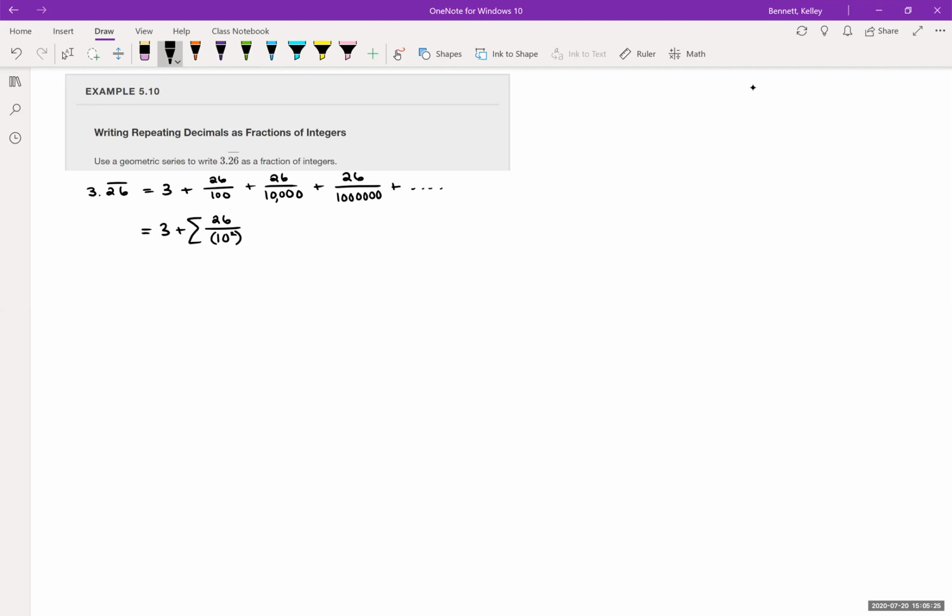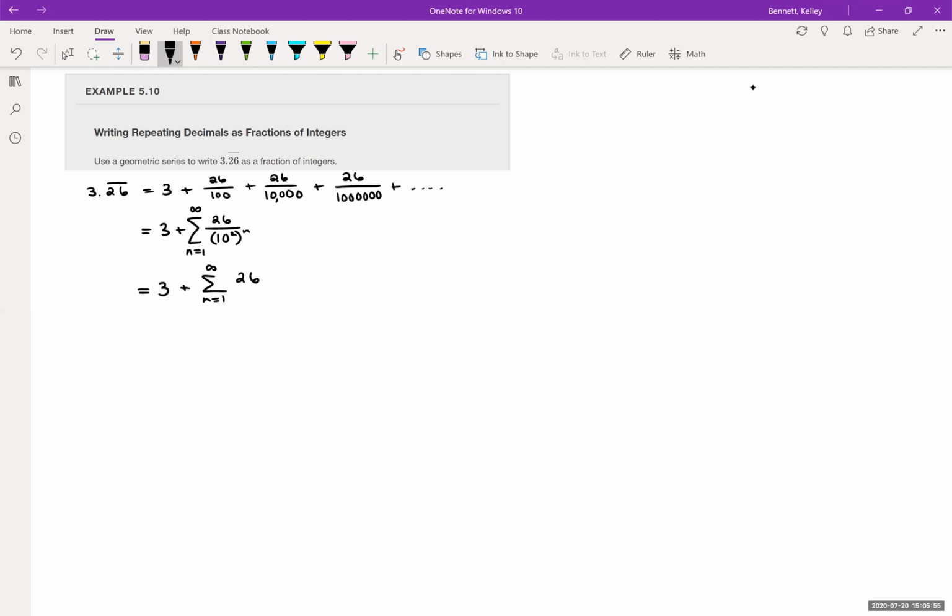right? But now this is a sum to the n, right? So 100 and then times 100 times 100, then 100 times 100 times 100. So for here, n is starting at 1 and going to infinity. But the issue again is that we don't have n minus 1. So we still need to continue to rework this summation. So I'm going to write the 26 out in front just to give myself some more space.